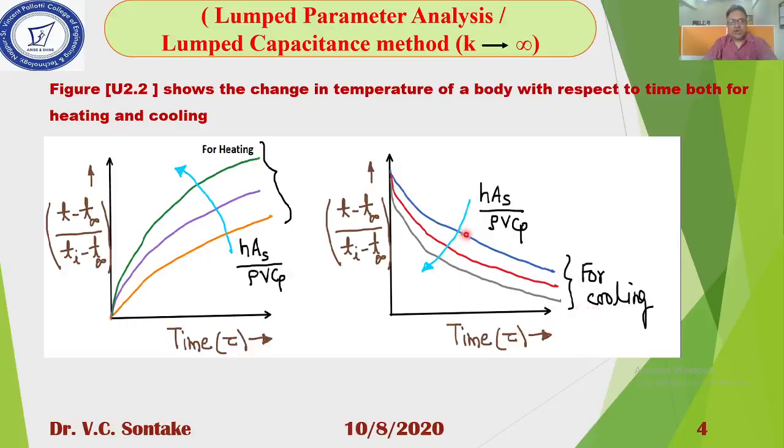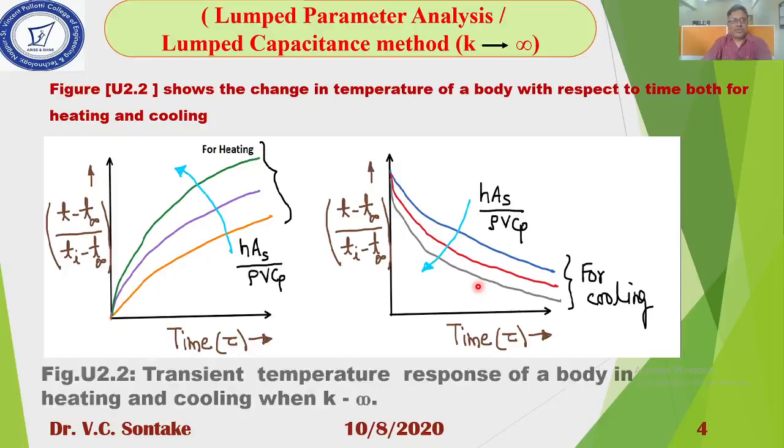And at a particular moment of time, as the value of hAs over rho V Cp decreases, body reaches the temperature of the surrounding very fast. So this way you can interpret the effect of the parameter hAs over rho V Cp on the variation of temperature of the body with respect to its surrounding temperature.